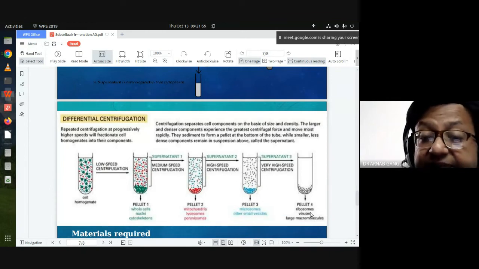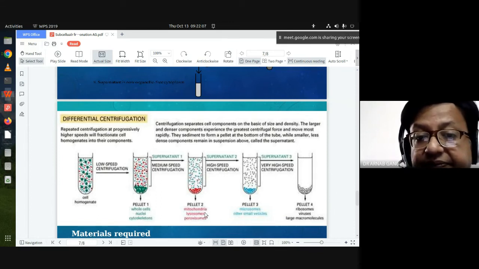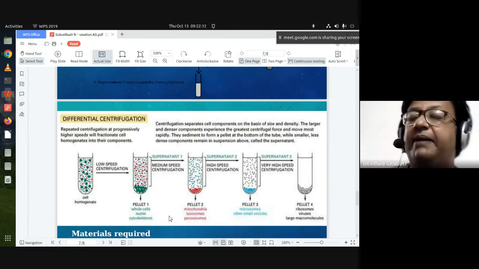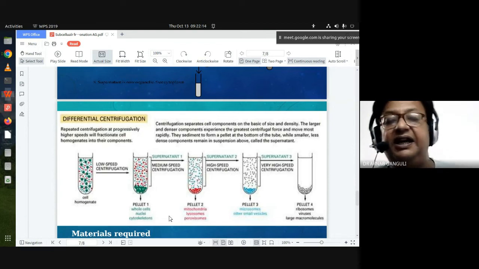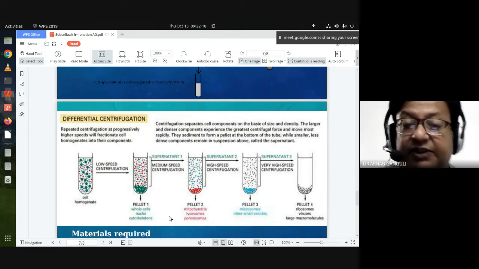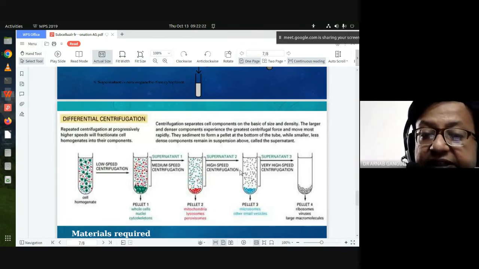And with very high speed ultracentrifugation, you have ribosomes and very large molecules coming out. Clear? Yes, sir. You are rotating them at very high speeds. One day I will explain what G speed is, gravitation, and the unit. You will understand this, but this is how you separate them.